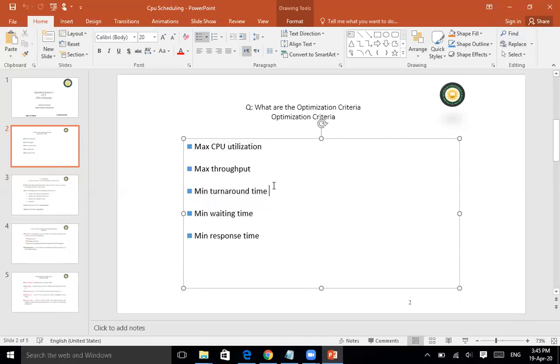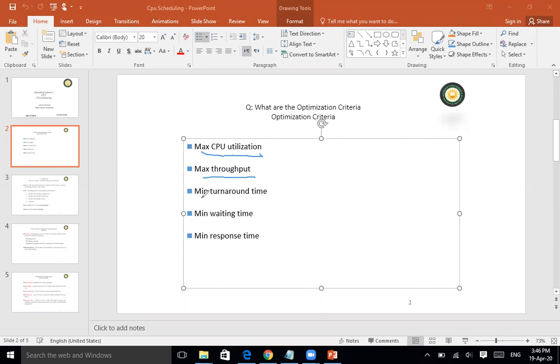Okay, so number one, we want to maximize our CPU utilization. Number two, we want to maximize our throughput, meaning how much we achieve in a particular time.